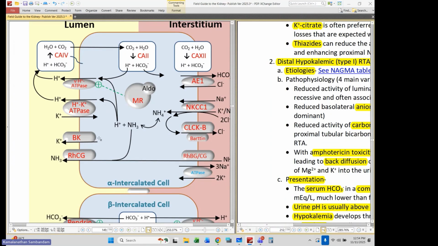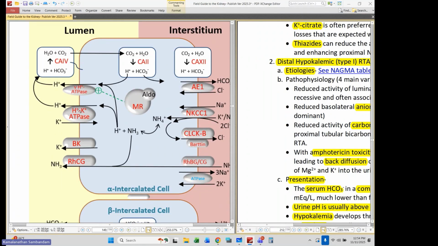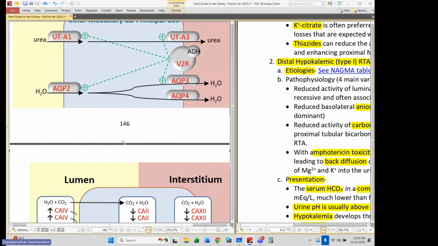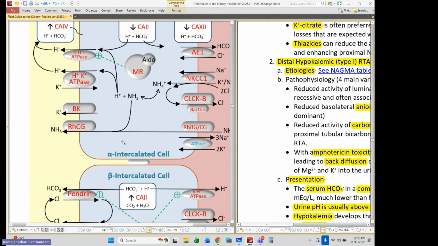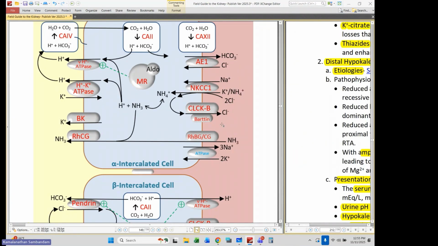But the workaround is, even though I might have ammonium delivery to this segment of the nephron, I have defects in ammonium transport. So ammonium transport is also a distal nephron function, and so I have problems with recycling ammonia in the distal nephron.